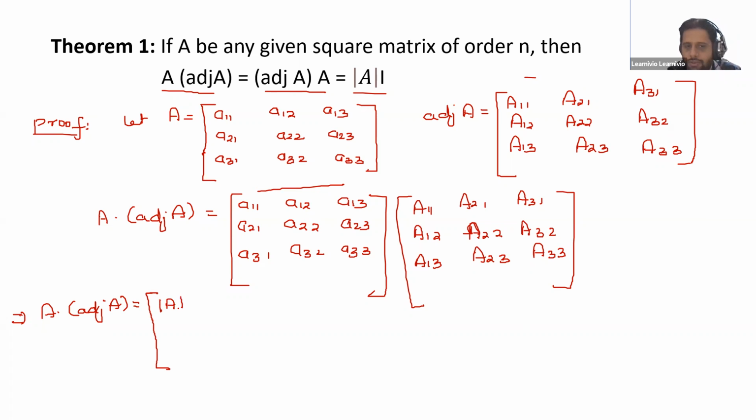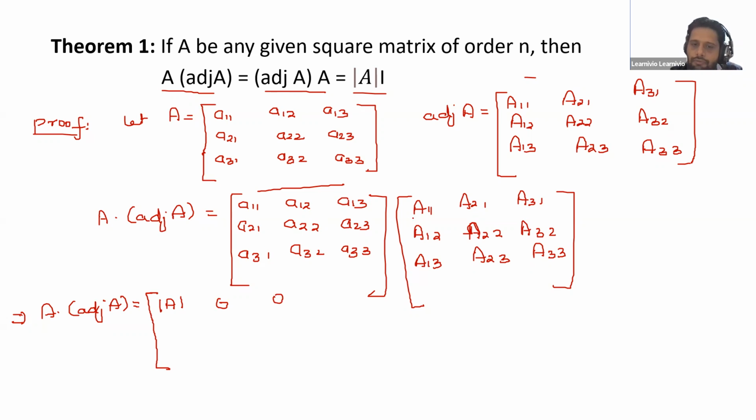So here we will get the determinant. First row will get multiplied with the second column. So these are the elements of the first row. These are the cofactors of the second row. So if you multiply the first row with the cofactors of the second row, then you will get 0. Similarly, first row and third row, 0.